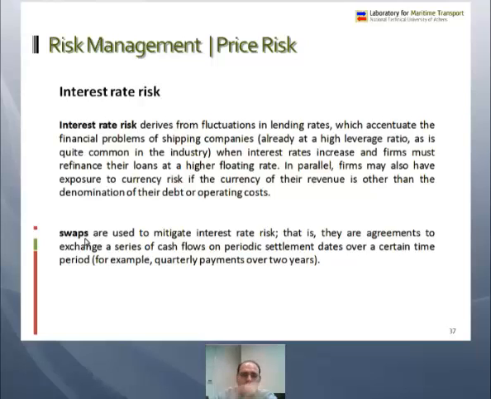We have this kind of risk in these operations, and one way to overcome it, one way to feel safe about these risks, are the so-called swaps that are used to mitigate interest rate risk. They are agreements to exchange a series of cash flows on periodic settlement days over a certain time period, for example, quarterly payments over, let's say, 2 years.